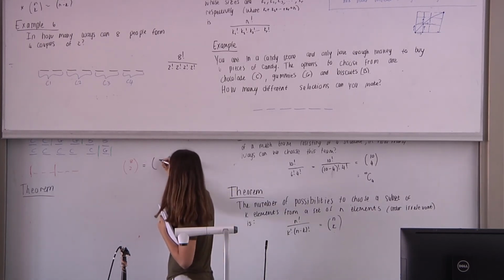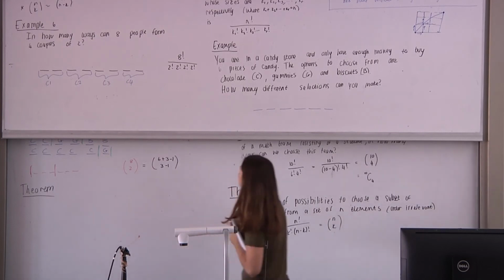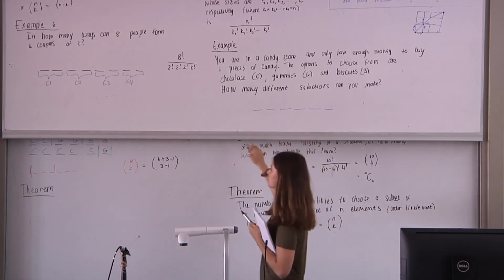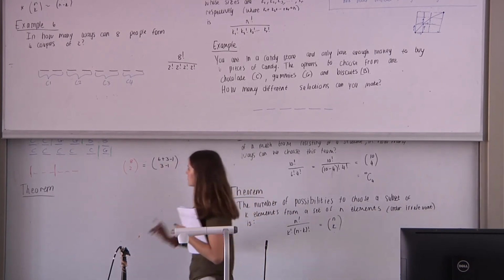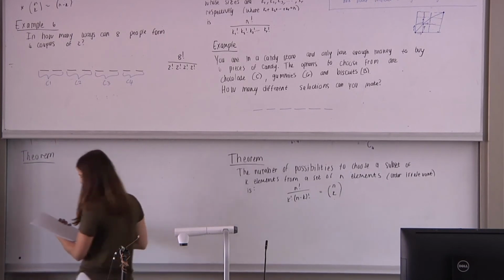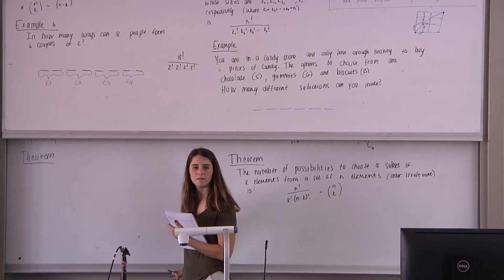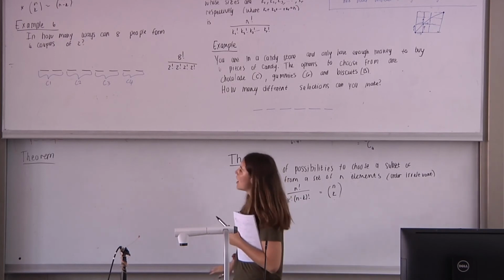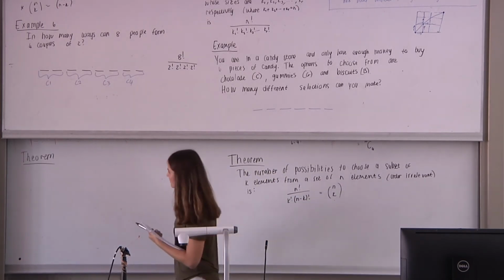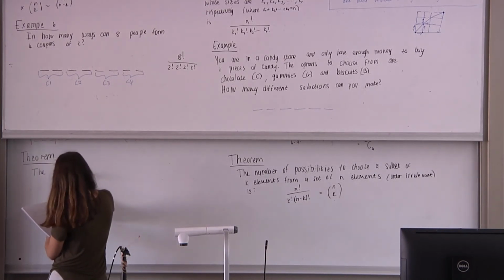So we could write this as 6 plus 3 minus 1, choose 3 minus 1. We had 6 spots and 3 different candies to choose from. Let's see what the theorem says. Is it the pigeonhole principle? No, not in this case, but it does resemble some things there.